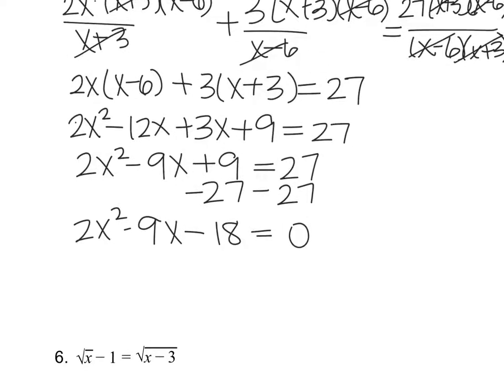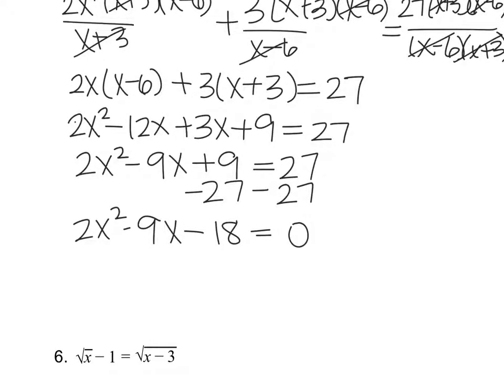So using the method we've used previously, I'm looking for what multiplies to 2 times negative 18, which is negative 36, but adds to negative 9. It's going to be negative 12 and 3.